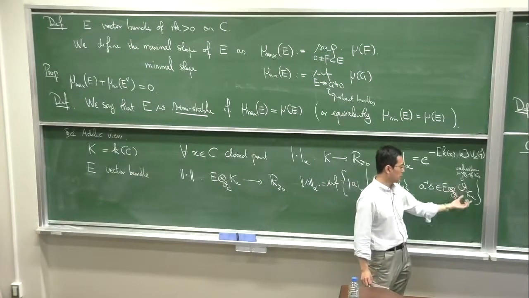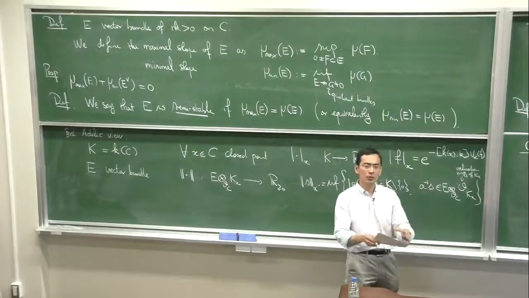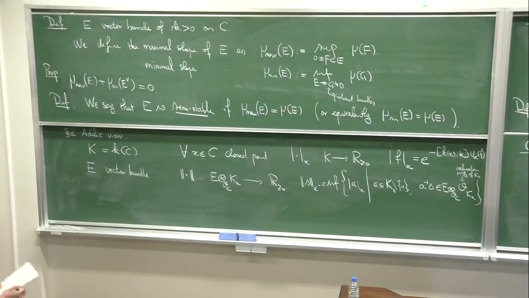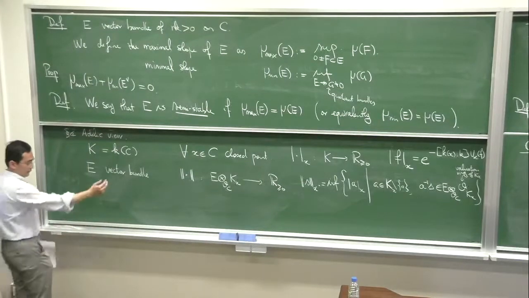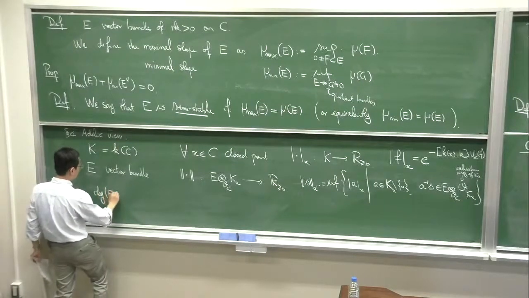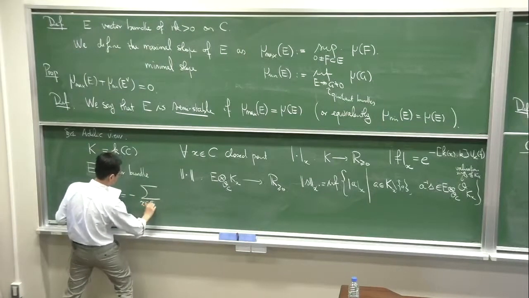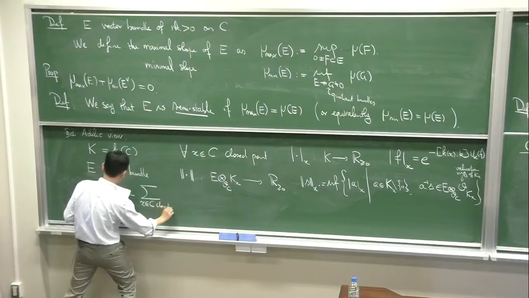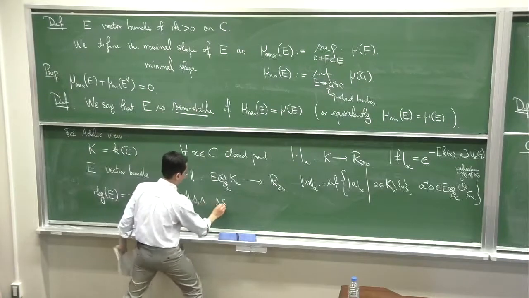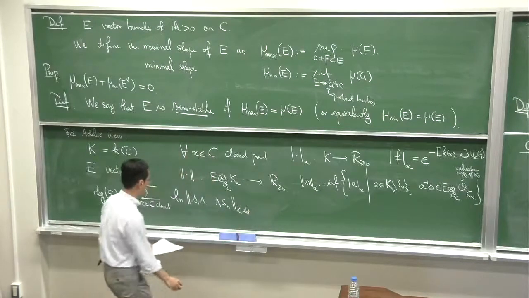So you have some O_C module structure which permits you to construct some unit ball. And then if you know your unit ball, you know your norm. So that is exactly the same situation as in the lattice case. And then if you take this point of view, the degree of E is also given by minus the sum for x in C closed of the log of the norm of S_1 ∧ ... ∧ S_n for this determinant norm.